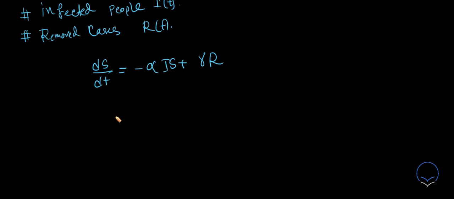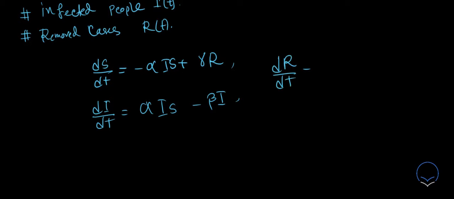Similarly, one will have another differential equation for the infection rate, di by dt equals alpha I s minus beta I, and finally one will have another differential equation, dr by dt equals beta I minus gamma r.